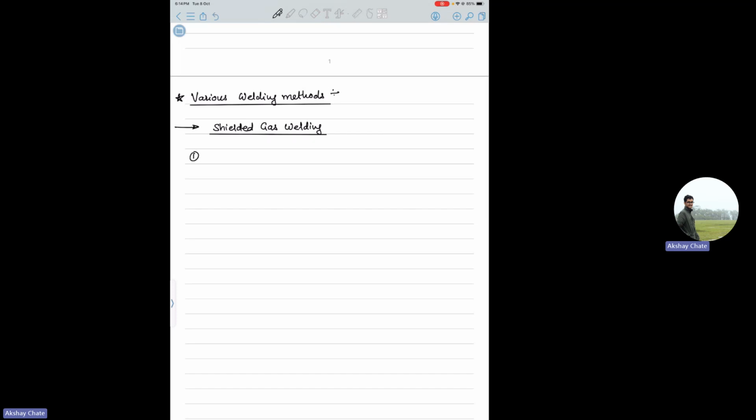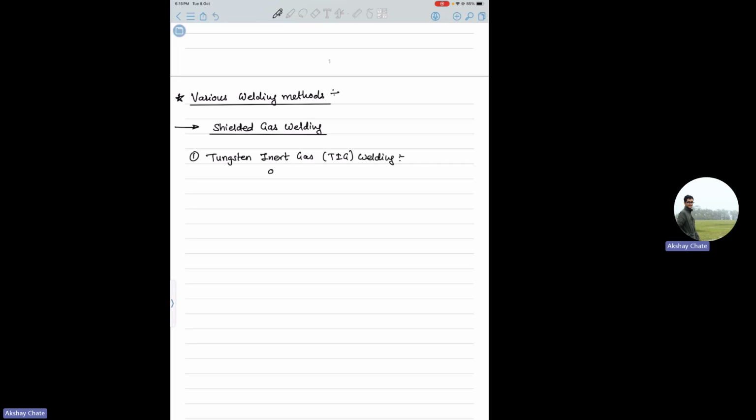So first technique under this category is tungsten inert gas welding. Okay, so this is a famous welding technique, tungsten inert gas. So this is also called as TIG in common parlance. So TIG welding.